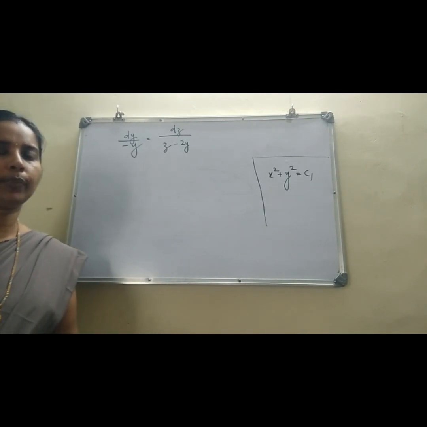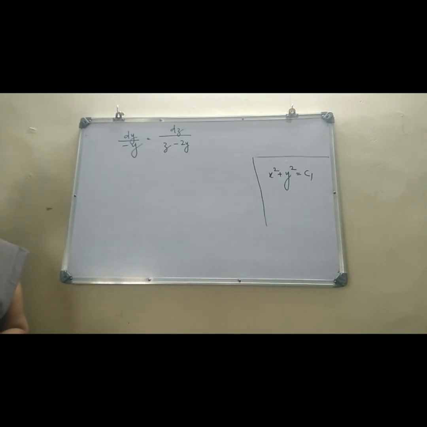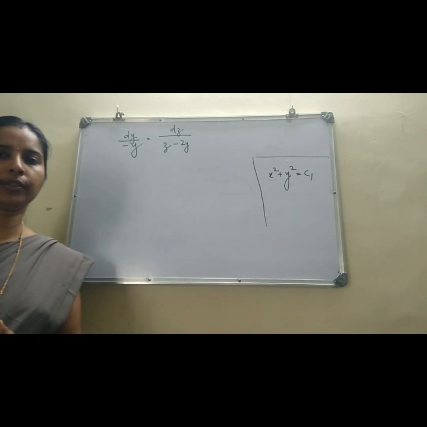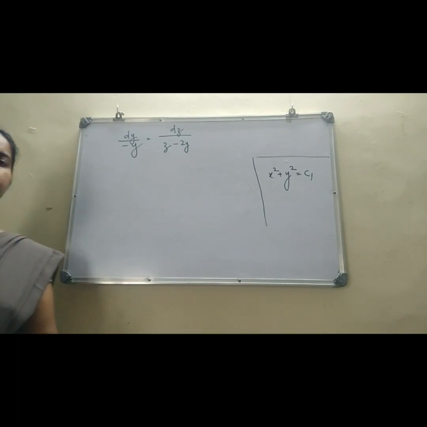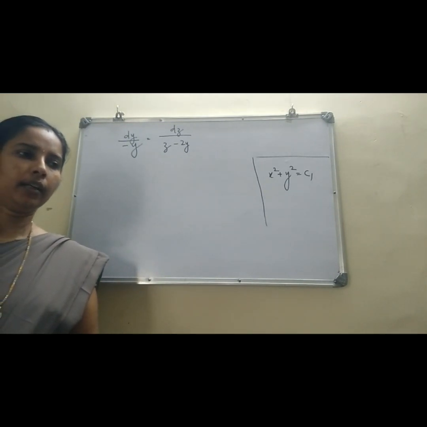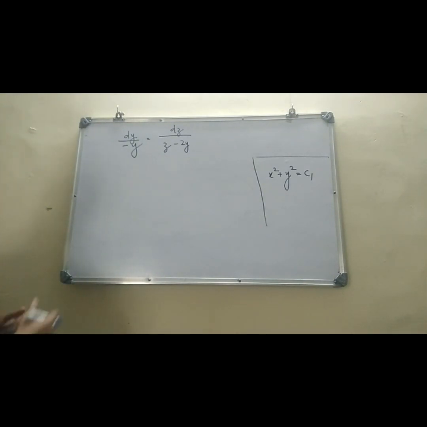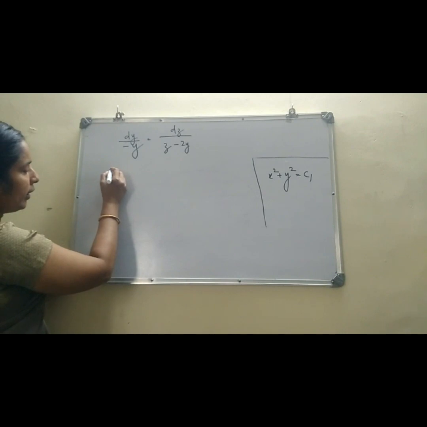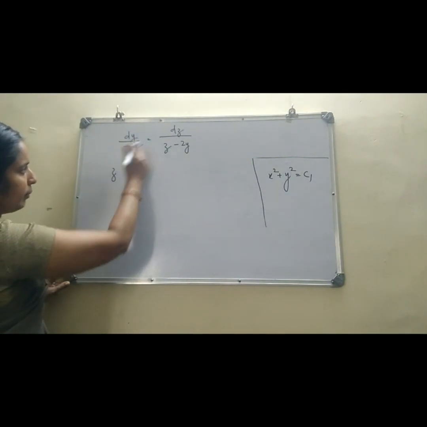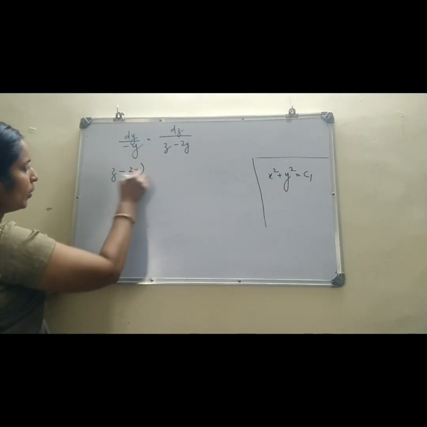It's not very easy to separate the variables. See, if you know the different methods for solving a differential equation, then you can easily solve this equation. Let me solve this equation by rearranging or by cross multiplying, z minus 2y dy.